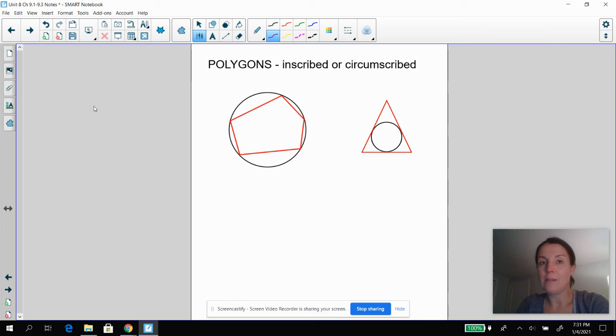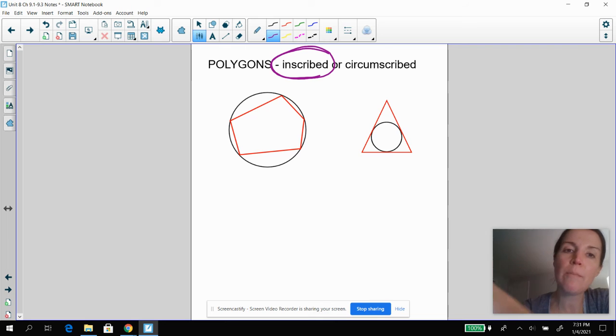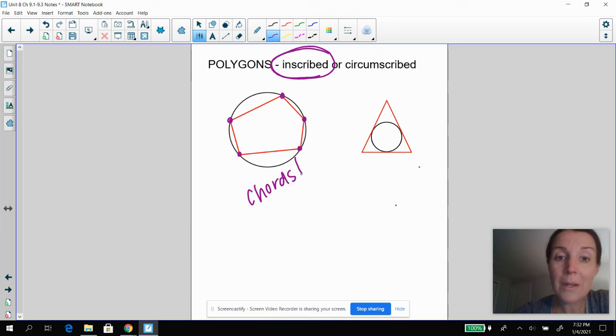Another important thing is something called an inscribed polygon and a circumscribed polygon. An inscribed polygon is when all of the sides of the polygon are within the circle. So essentially, it's a polygon that is made up of chords. Woohoo!